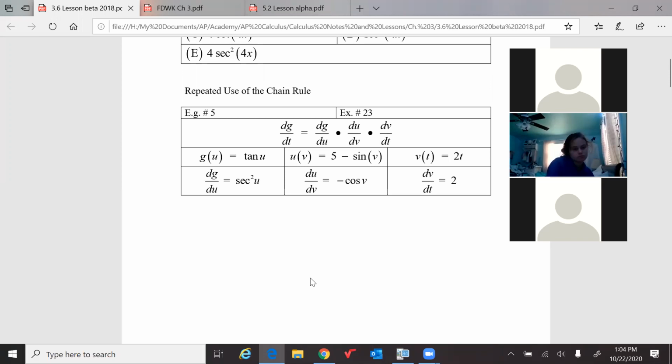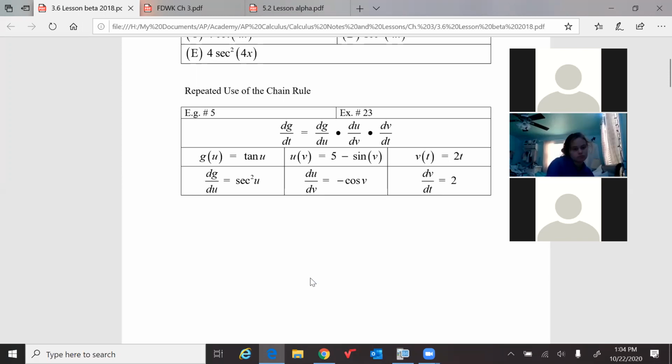-2 secant squared u. Secant squared, what u equals, which is -2 secant squared of 5 take away sine 2t.